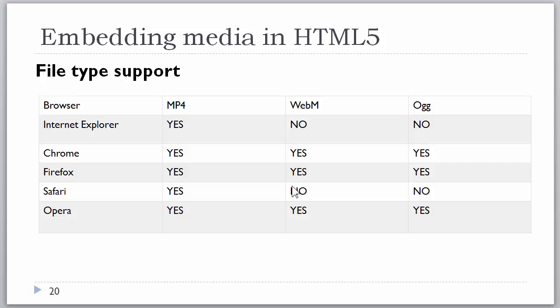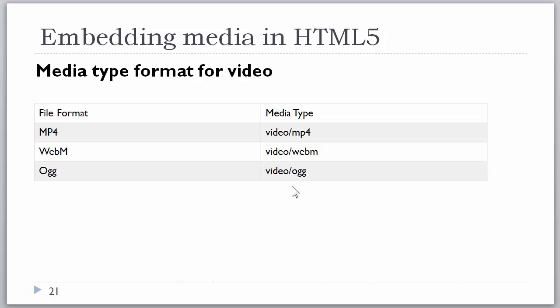No other file formats, just these three. However, you might need to use the OGG or the OGV format for some of the earlier Firefox, Safaris, or Operas. And here again, these are the media type formats.